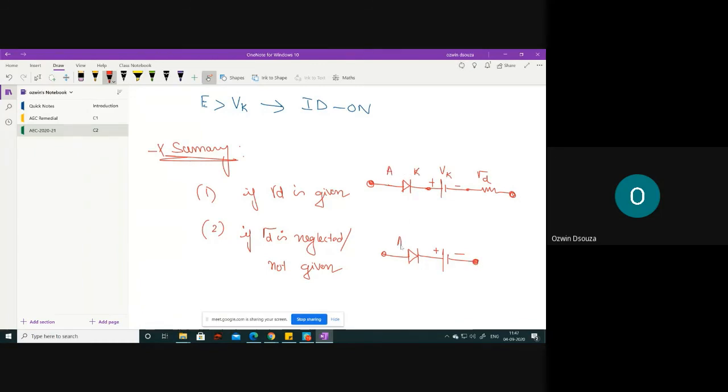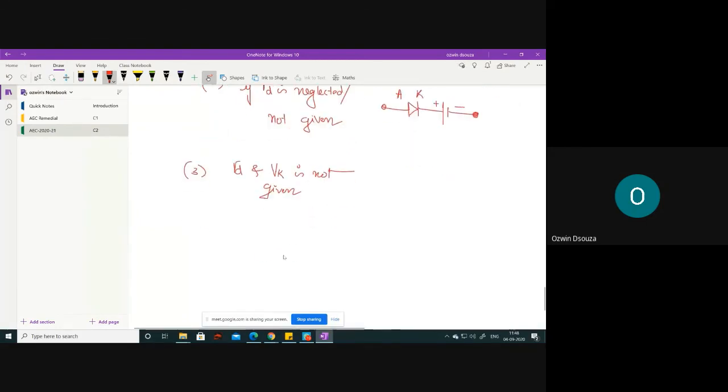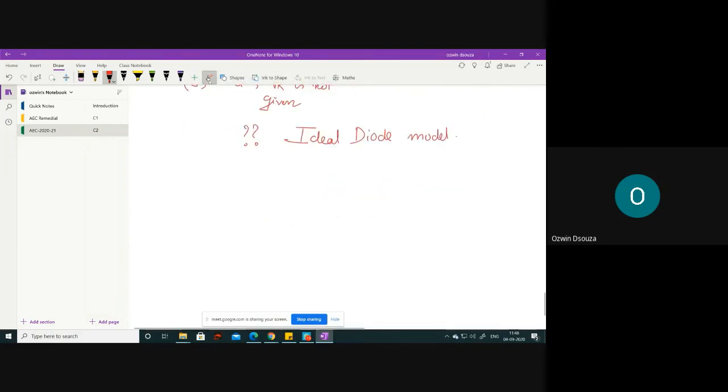This is anode, this is cathode. And finally, if RD and VK are not given, or you have been asked to neglect both RD and VK, what type of diode model will you get? You will get the ideal diode model.